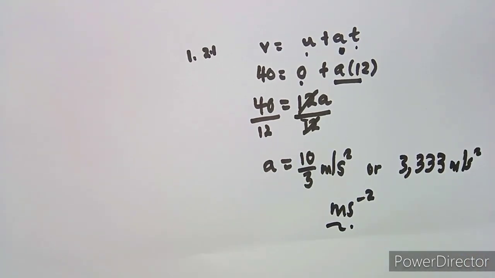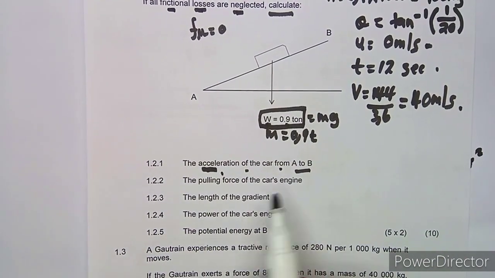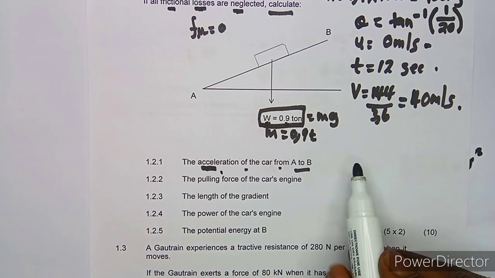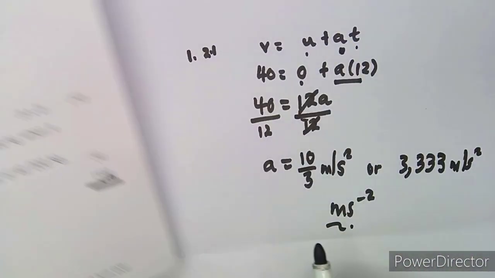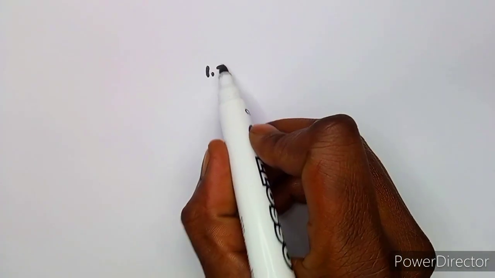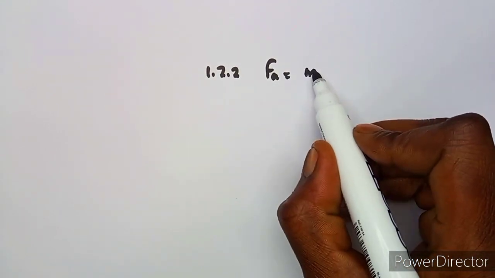That is your acceleration. All right, then the pulling force. So remember, we are taught to neglect all other forces that we are going to have. So therefore, the pulling force actually, that is the applied force there. The force that is being applied, and we know that F applied is equivalent to MA.